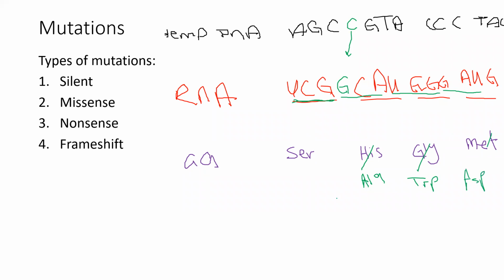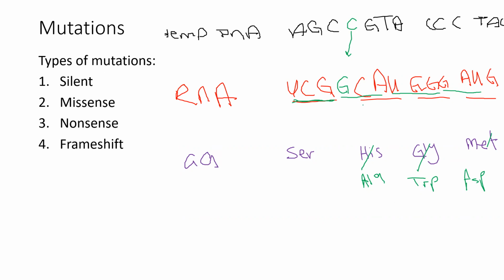As you can see, everything is wrong. We are making some completely random protein that the cell doesn't need, which means we're also not making the correct protein that the cell does need. Eventually we're going to make a premature stop codon. So frameshift is really bad for the organism because it's making something random. Who knows what the consequence of having some totally random protein in our cell will be, but it's also not making what it needs.